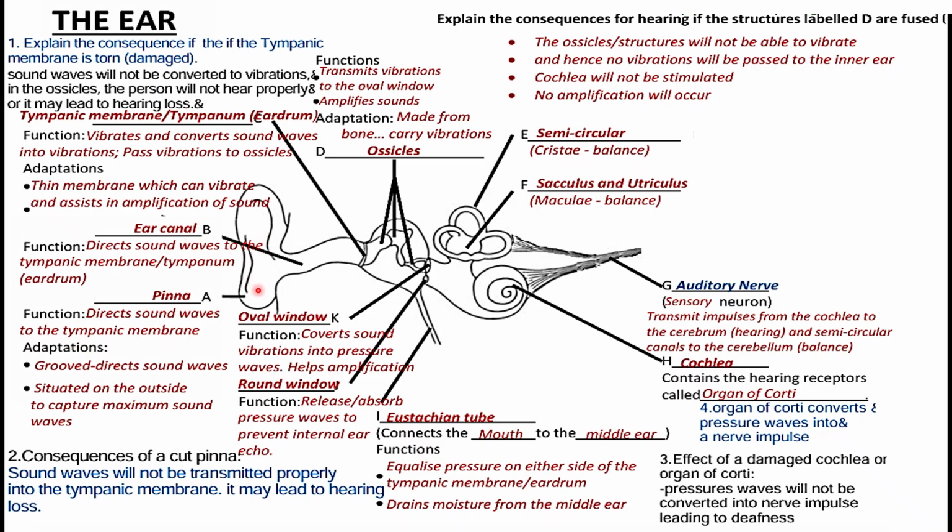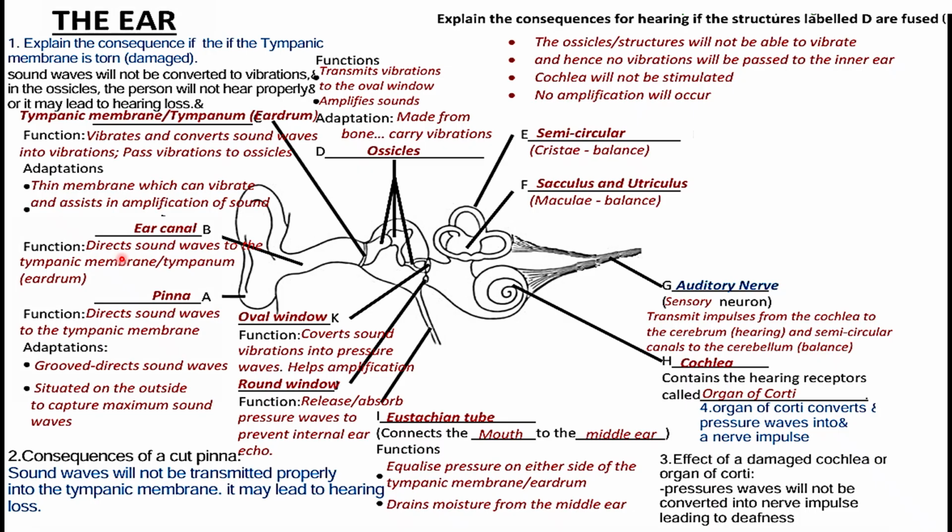After the pinna, we go to the ear canal, also called the auditory canal. What does it do? Its role is to direct sound waves to the tympanic membrane, or what is called tympanum or eardrum. So that is the function of the ear canal.